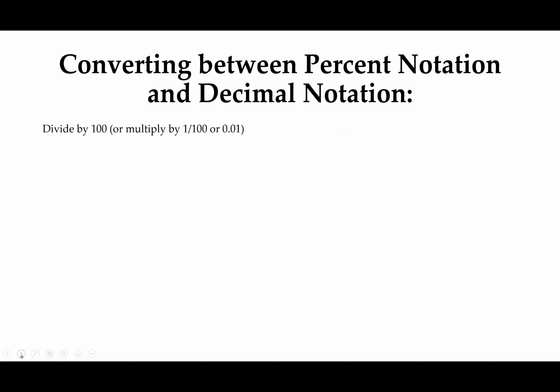So how do we convert between percent notation and decimal notation? Well, we kind of already hinted at it, right? When I said 5% means 5 100ths, that actually means 5 divided by 100.